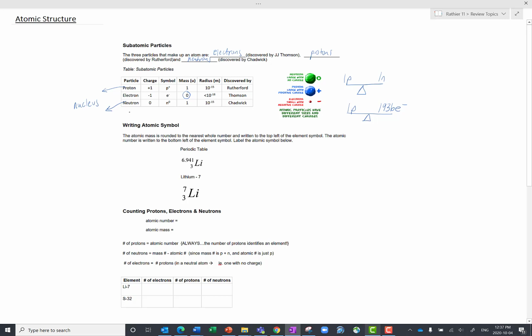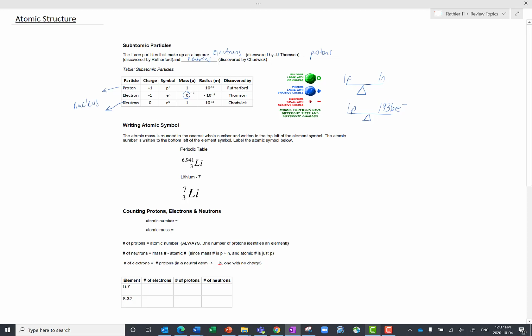And most, if not all of the mass, for our purposes all of the mass, is going to be made up of protons and neutrons. So you can think of an atom as having a very dense center, with lots and lots of empty space around it.